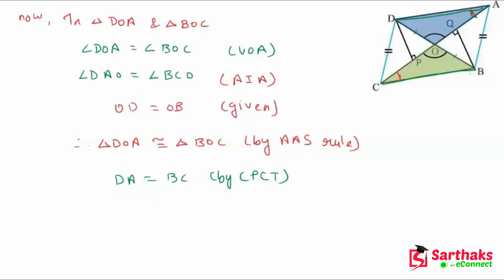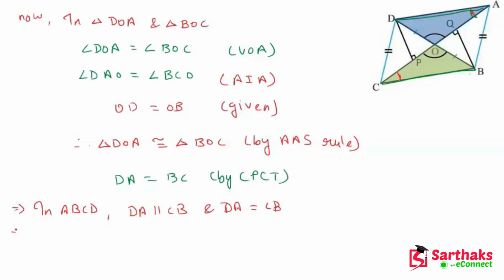Yes, so in ABCD, DA is parallel to CB and DA is equal to CB. So if one pair of opposite sides of a quadrilateral is equal and parallel, then that quadrilateral is a parallelogram.